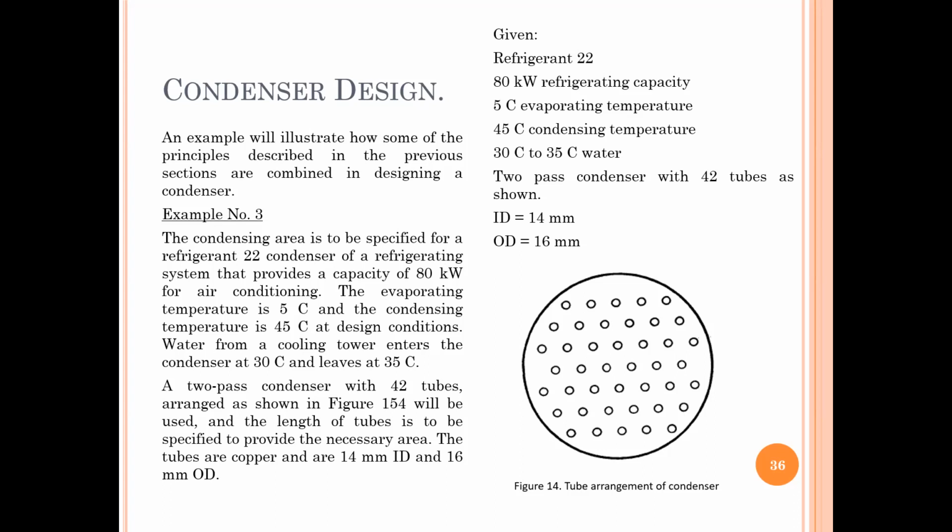The evaporating temperature is 5°C and the condensing temperature is 45°C at design condition. Water from a cooling tower enters the condenser at 30°C and leaves at 35°C.